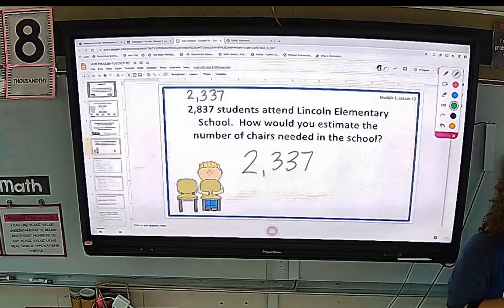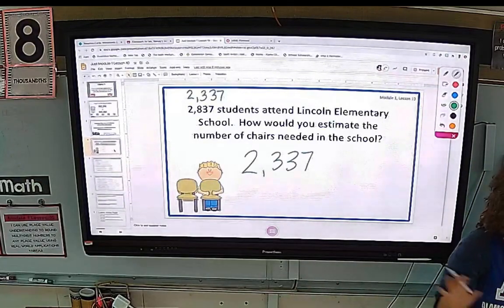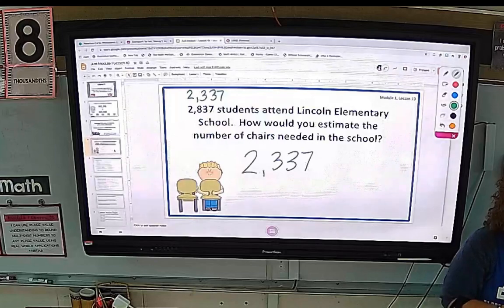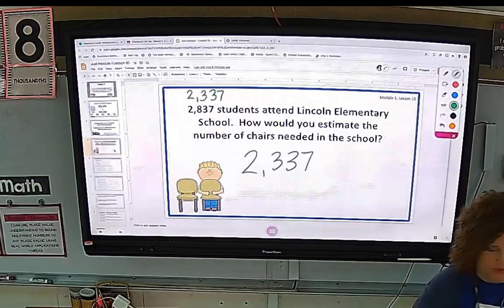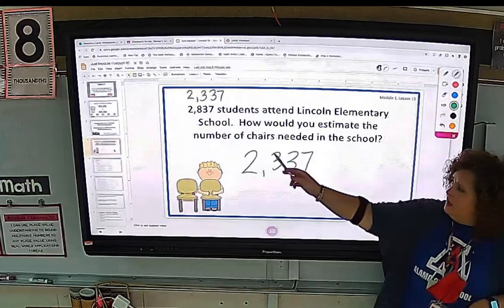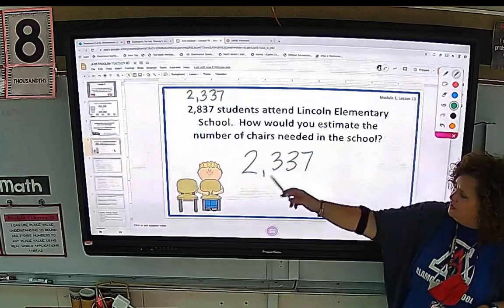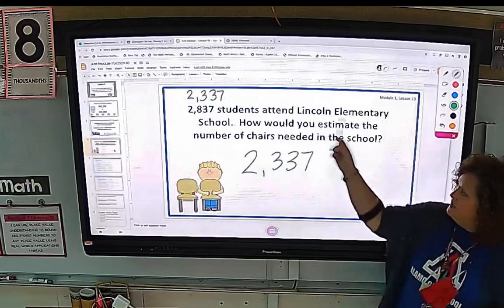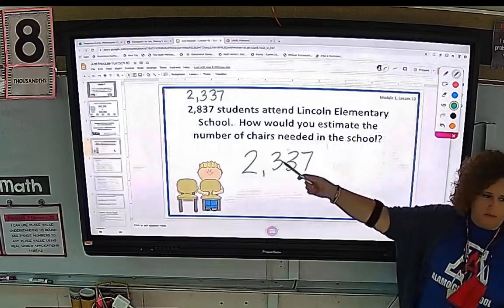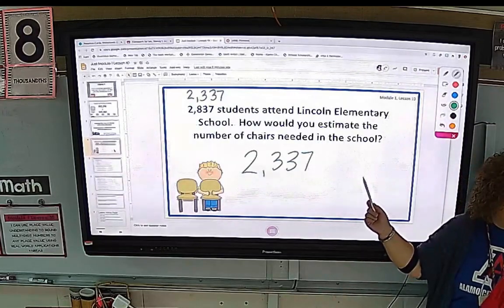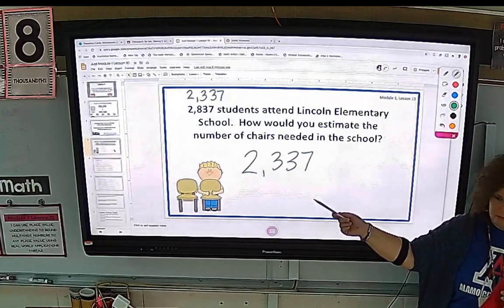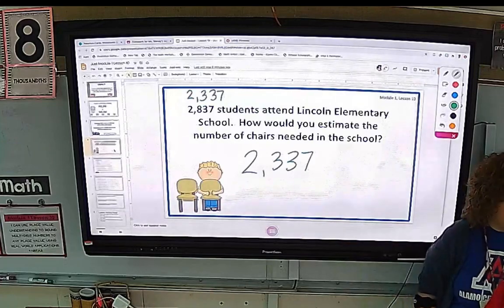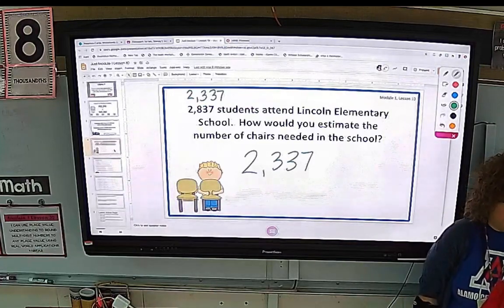Okay, put your eyes up here, please. Okay, let's sit up. There you go. If 2,337 students attend this school, how would you estimate the number of chairs? Would we round? Well, we would, to get an approximate number.